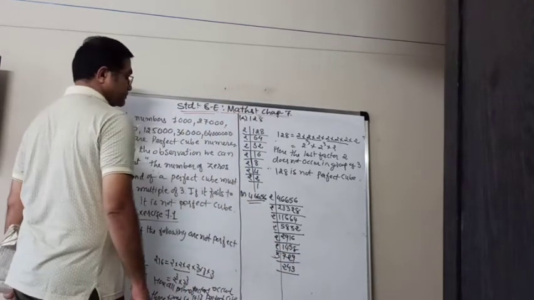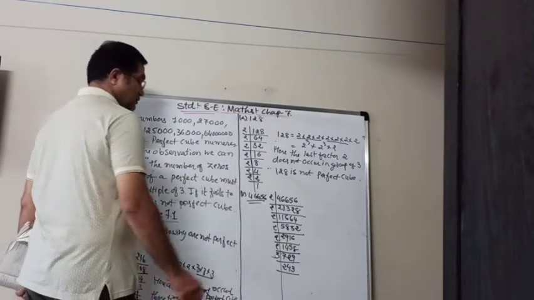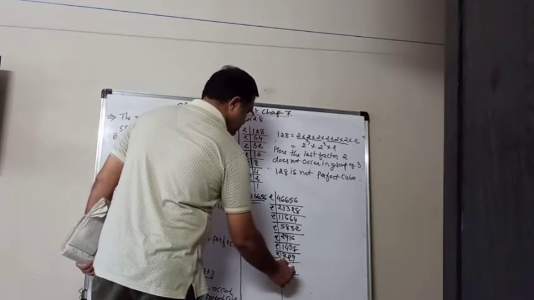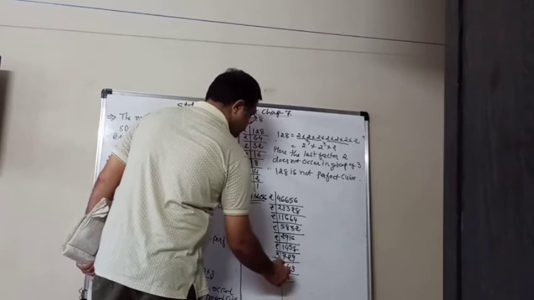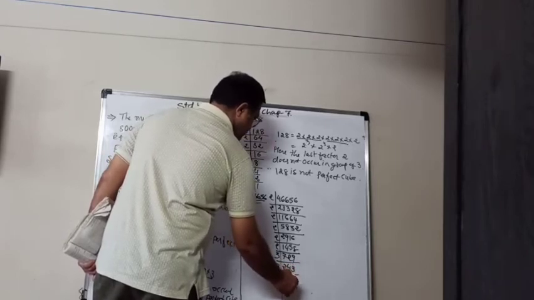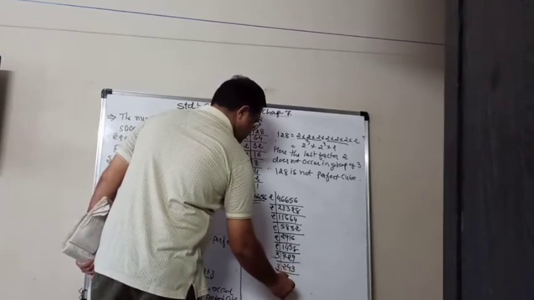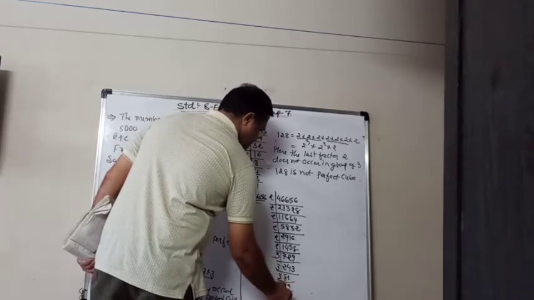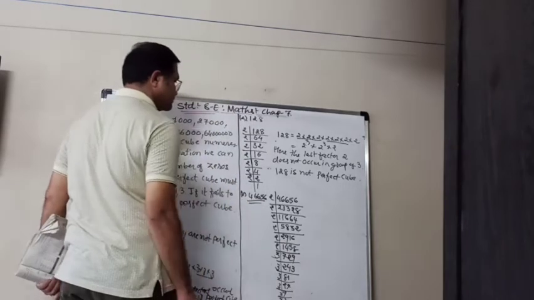Now 243. 12 is divisible by 3, 3 8s are 24, 3 1s are 3, 3 9s are 27, 3 3s are 9 and 3 1s are 3.